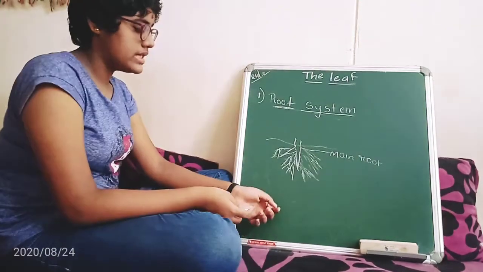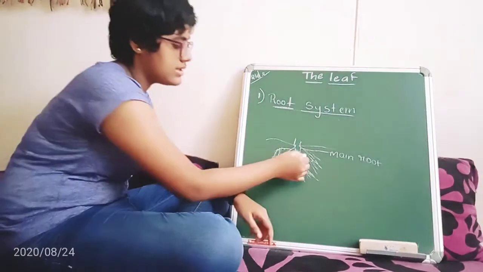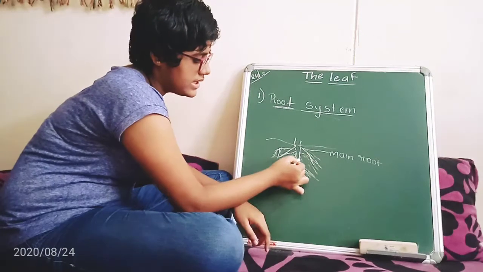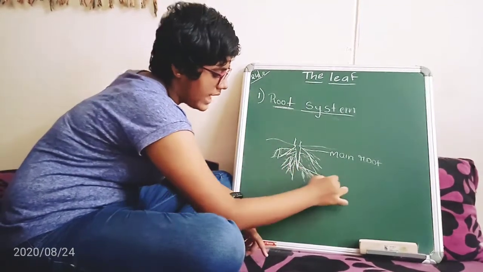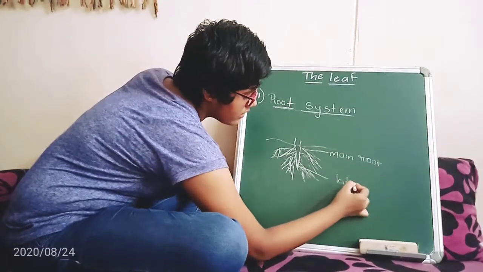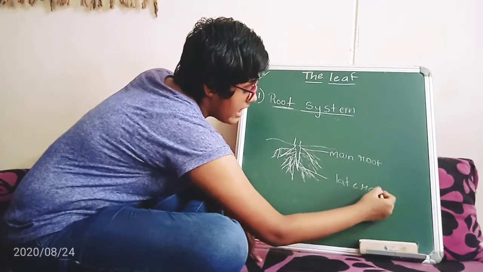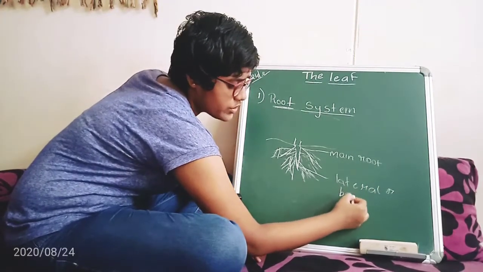And the next one: I said branches come out. See, this is one branch, this is one branch, this one has four branches, and these are known as lateral roots or branch roots. You can also say branch roots.